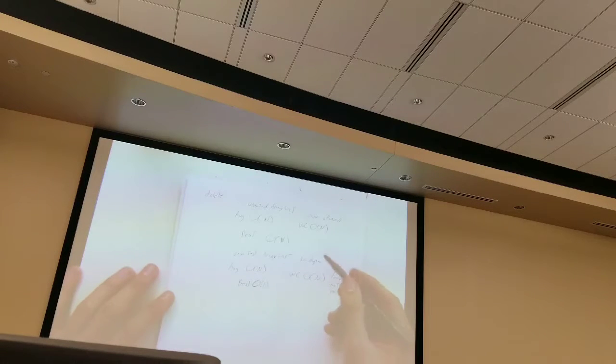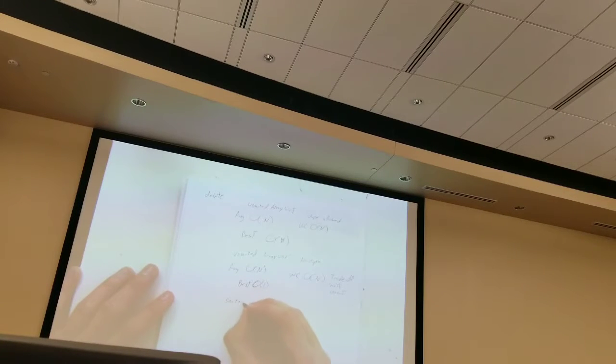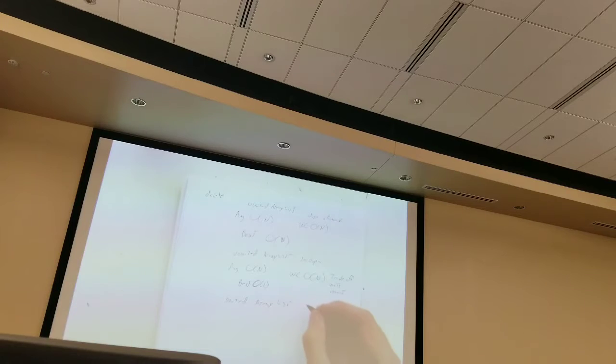But anyways, the next thing that we should talk about is the sorted array list. We'll assume duplicates are allowed. All right, so if you have a sorted array list, what's going to be the average case runtime for removal?